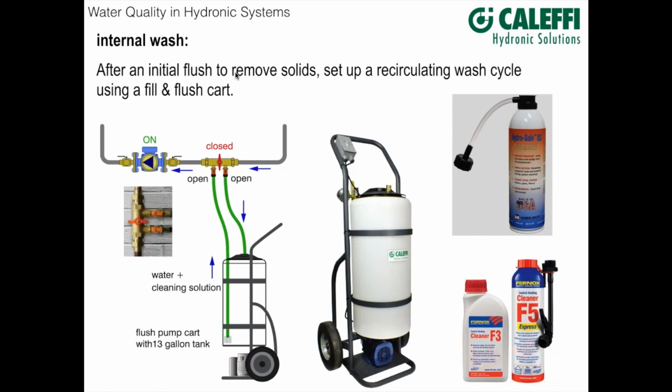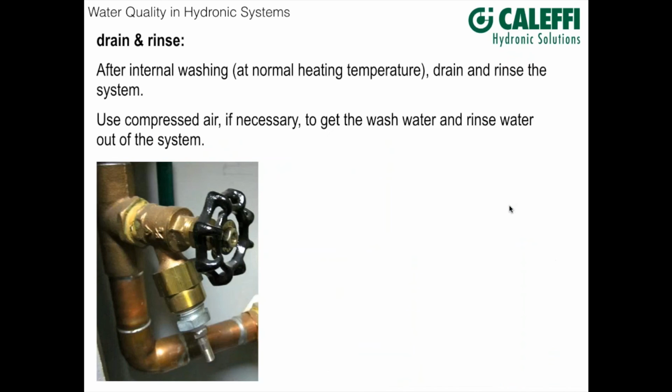Just like washing your hands with hot water versus cold water, it's a more efficient process to clean the system. And again, the spent water is going to come back into the container, and it needs to be disposed of based on what the chemical manufacturer recommends. Most of these products are biodegradable, but always check on a proper procedure to dispose of that wash water.